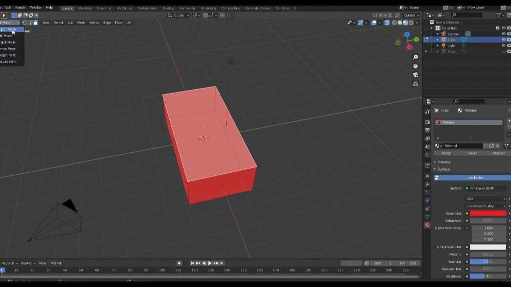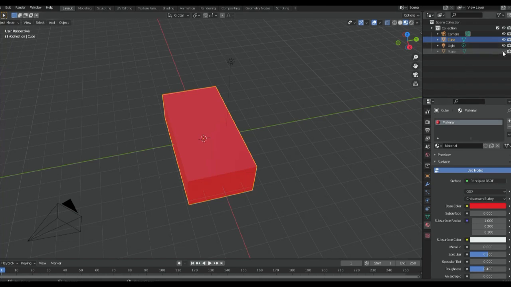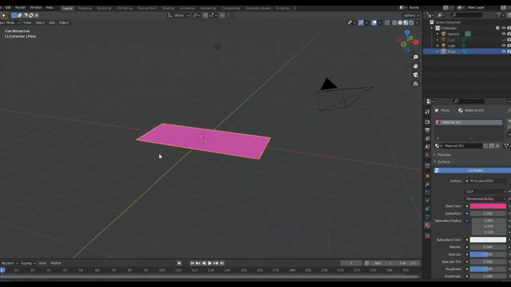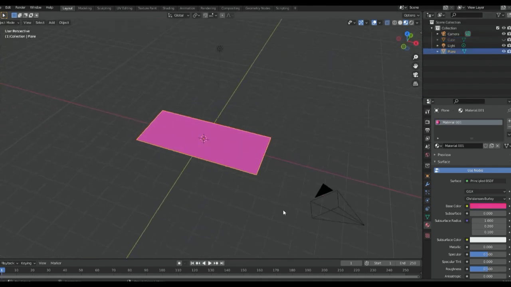Right? So for that, we'll make use of a plane which is of the same length and breadth. So that is basically this. So we're going to make use of this. So what should we do? Copy, paste.